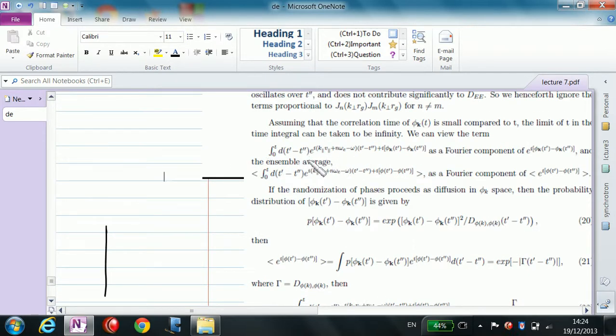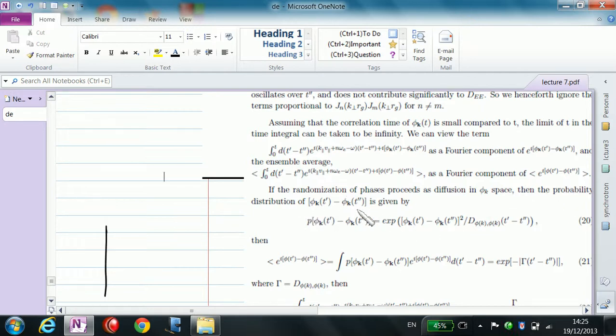So the point is we want this integrand to be viewed as a Fourier component of this, and the ensemble average is a Fourier component of this.